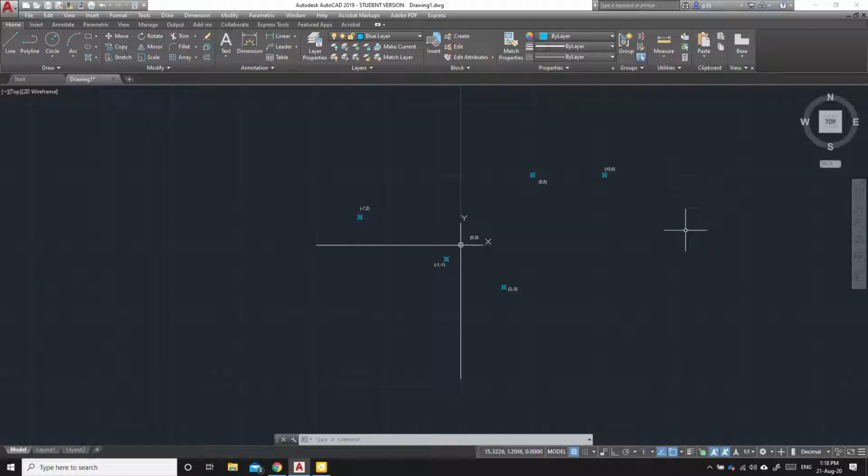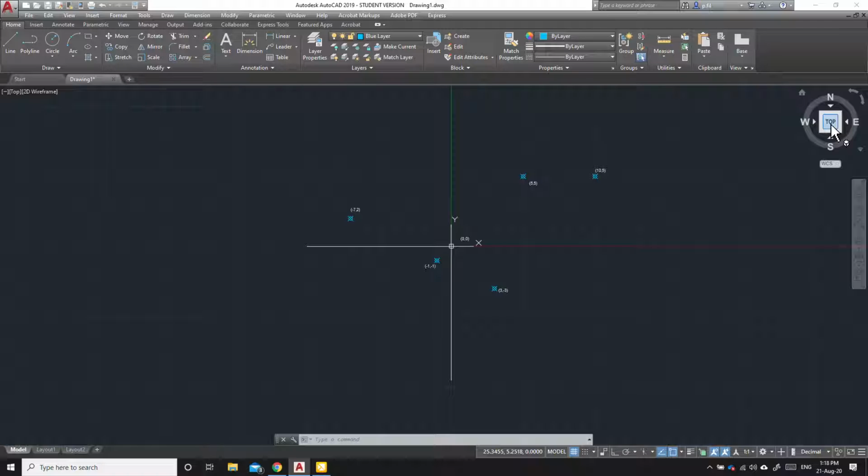The first main coordinate system that AutoCAD uses is known as the World Coordinate System. If you take a look in the upper right hand corner, there's this little drop down that says WCS, which stands for the World Coordinate System. This is by default AutoCAD. It does not change ever. And you can see that this view cube says that we are looking at the top view.